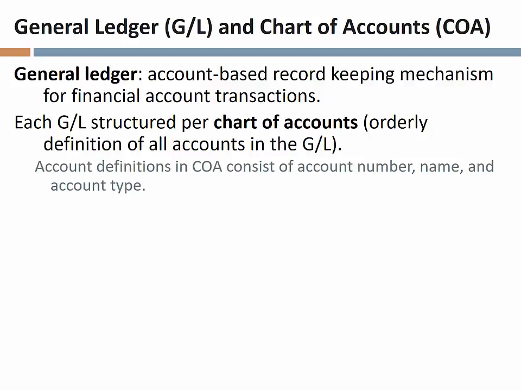Account definitions, and this is a really good question that might show up in the future: account definitions in the chart of accounts consist of three things, two of which are fairly obvious, one of which may not be. The name of the account, the number of the account, and the account type. So just in looking at the chart of accounts, we can find out the name of the account, the number of the account, and the account type.